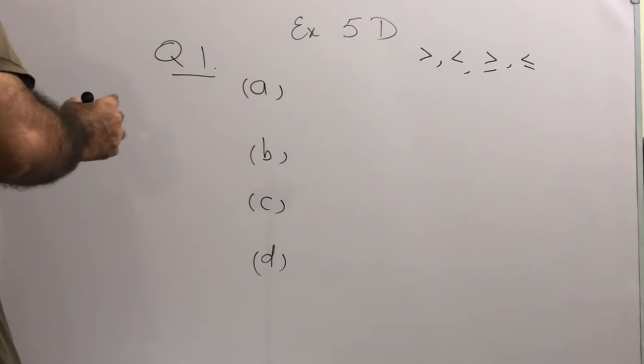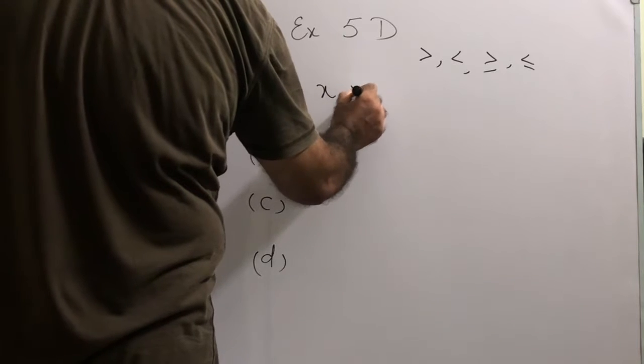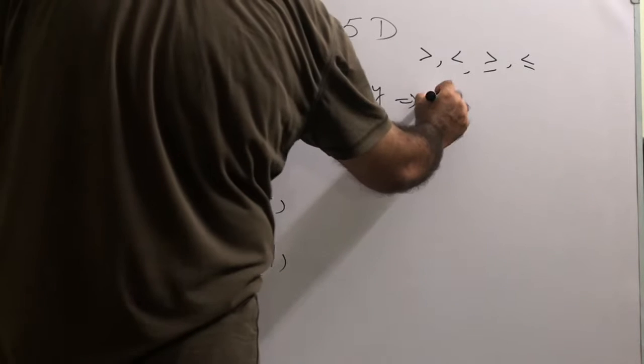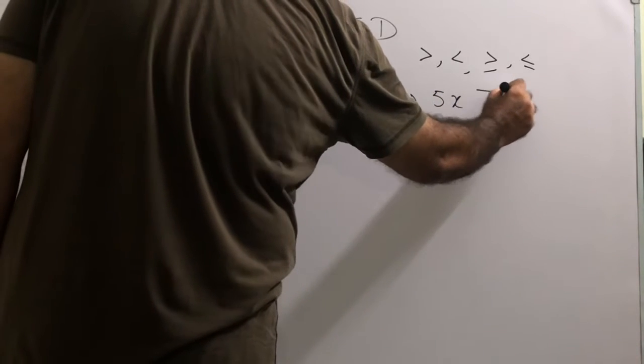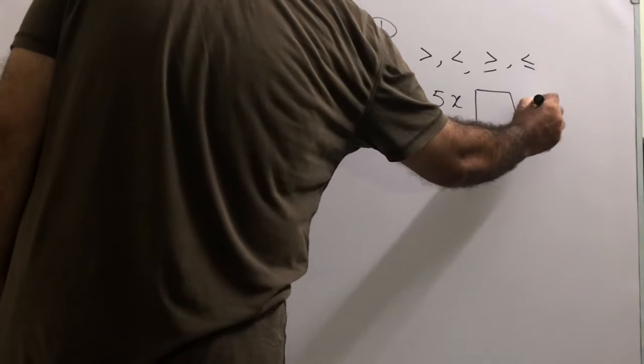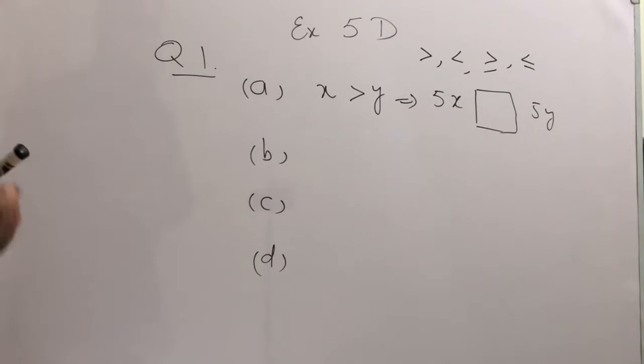Okay. In these questions, part A says if x is greater than y, then 5x will be greater than or less than? We need to mention the symbol.